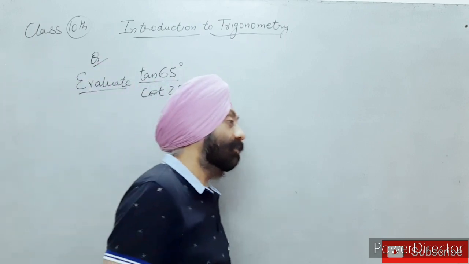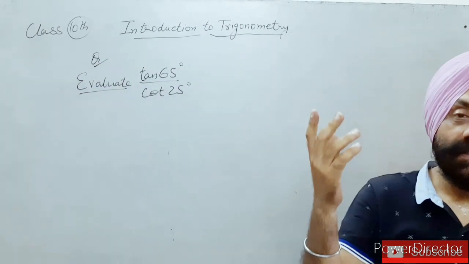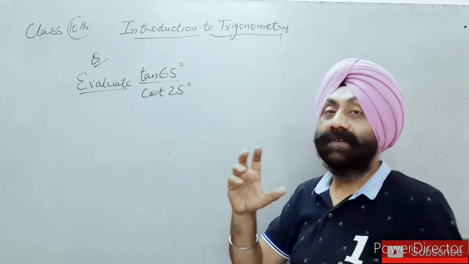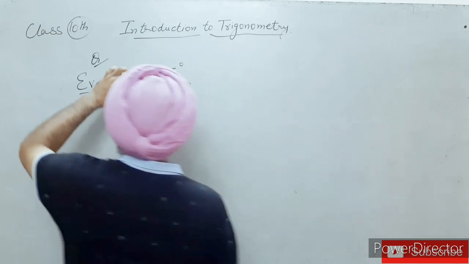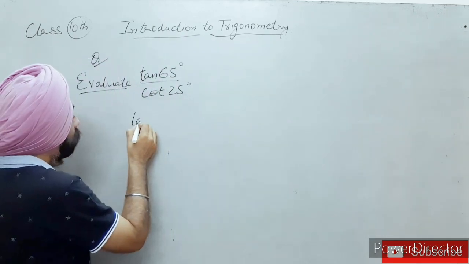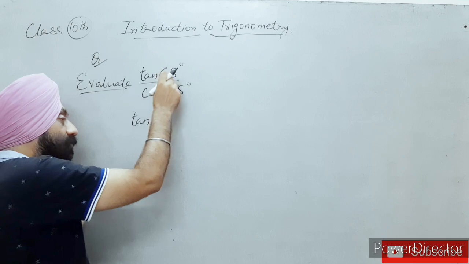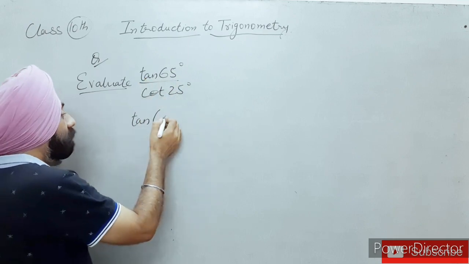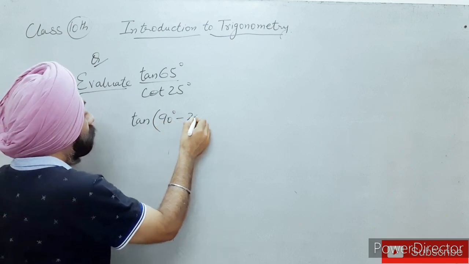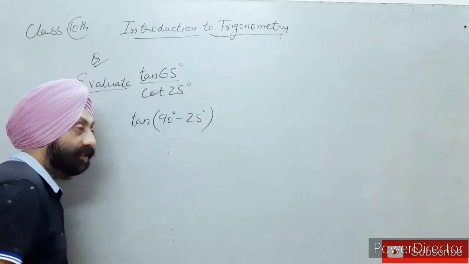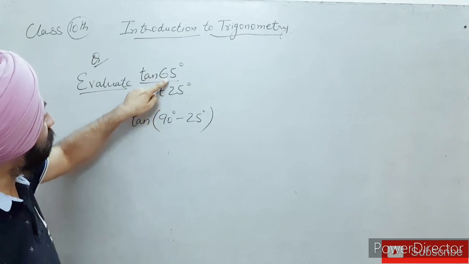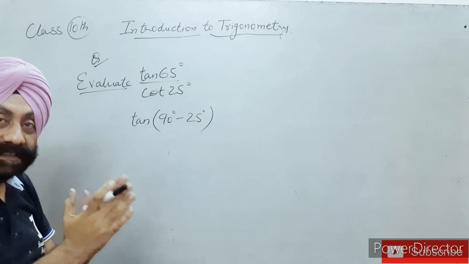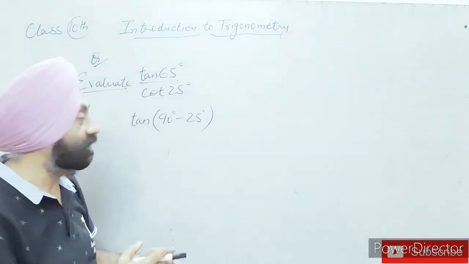Now, we can change either the numerator or the denominator using the concept of complementary angles. I can change the numerator. 65 can be written as 90 degree minus 25. 90 minus 25 is 65.